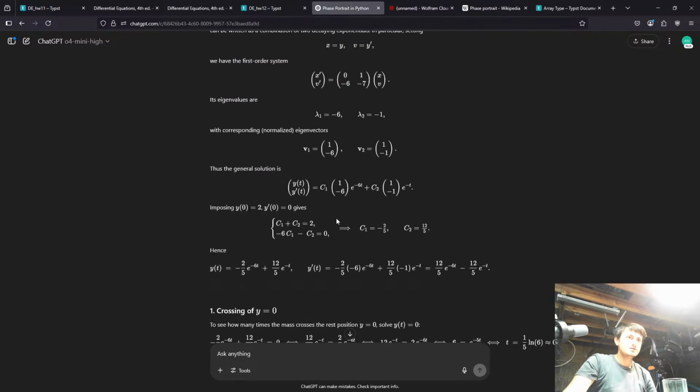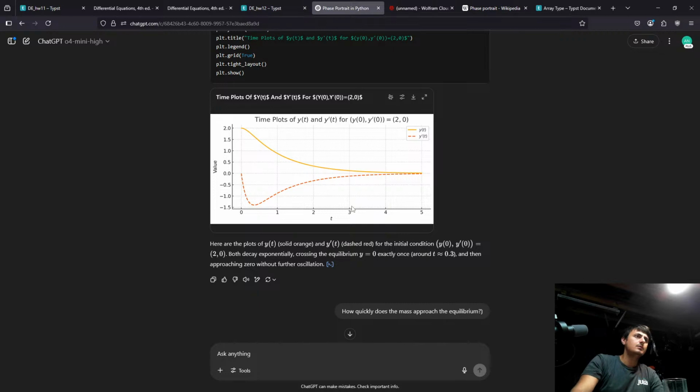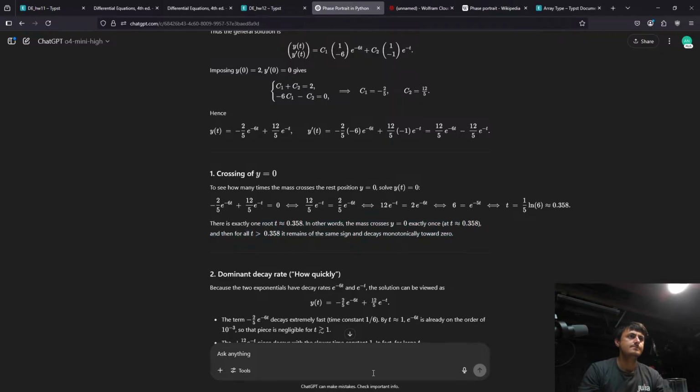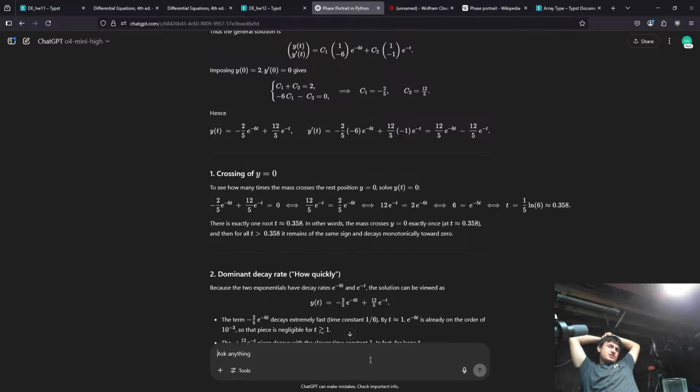What? That doesn't make any sense. To see how many times the mass crosses the rest position, solve y of t is equal to 0.